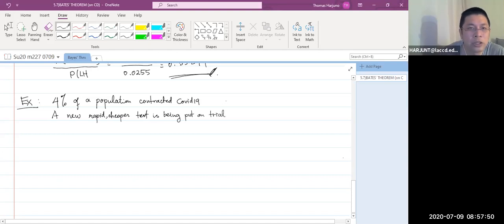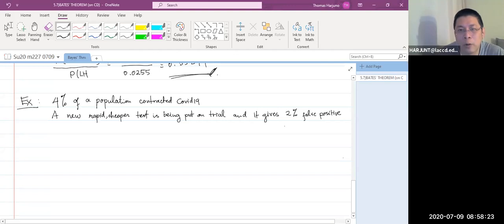So they try to use this rapid test, and it gives 2% false positive and, let's say 3%, no, make it 1 or 0.5.